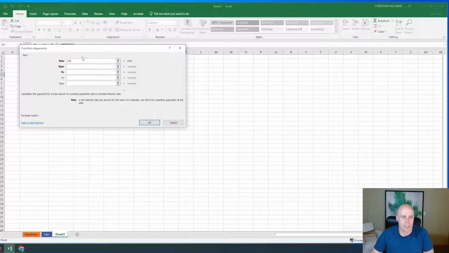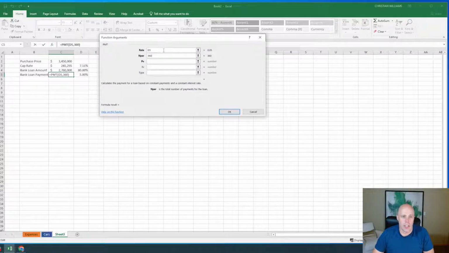It'll drop back down. Number of periods: we're going to say we're going to get a 30-year loan on this. So 30 times 12 months in a year, 30 years times 12 is 360 payments in 30 years. So that should be 30 times 12. If I'm wrong, I apologize. But all right, and then our present value is going to be how much we're borrowing from the bank.